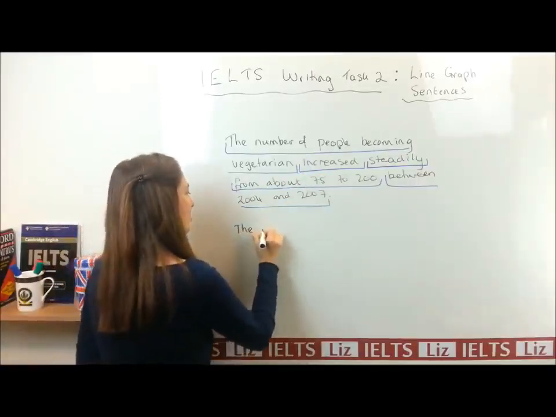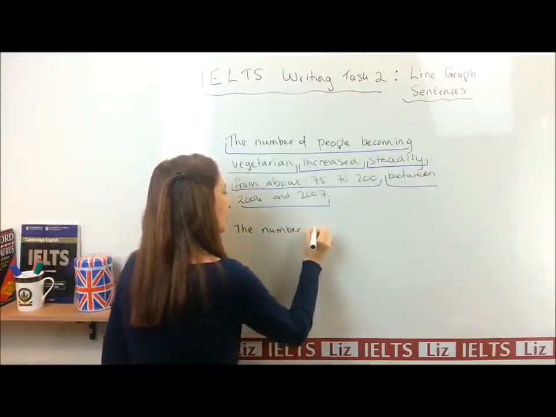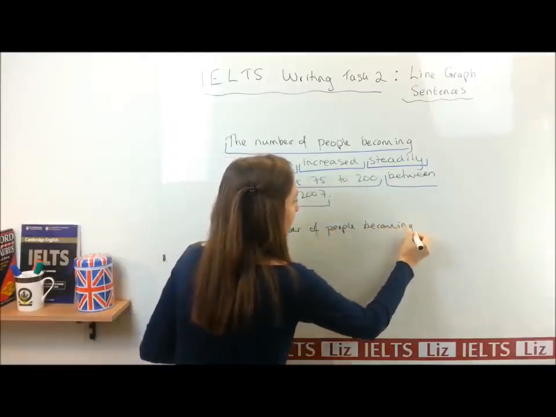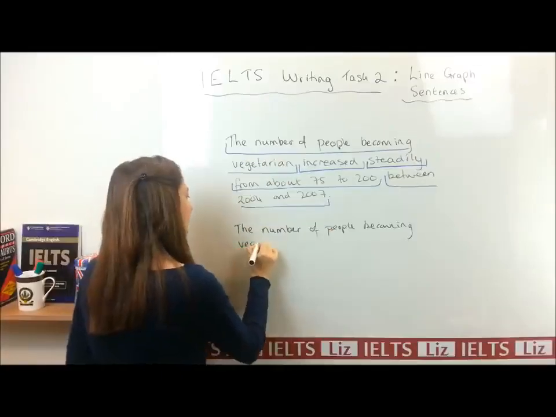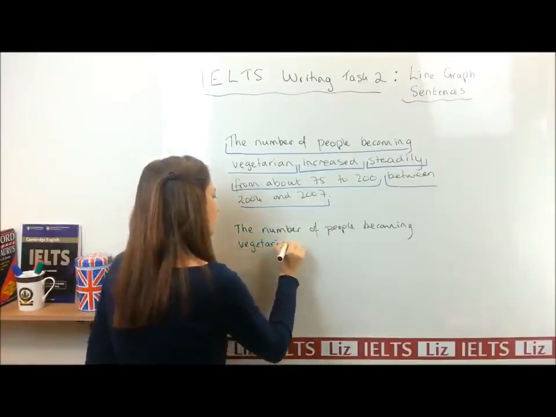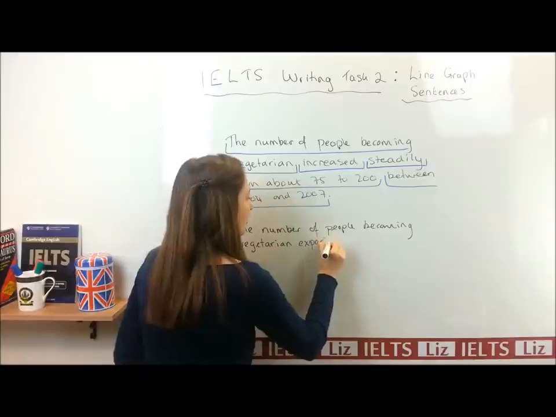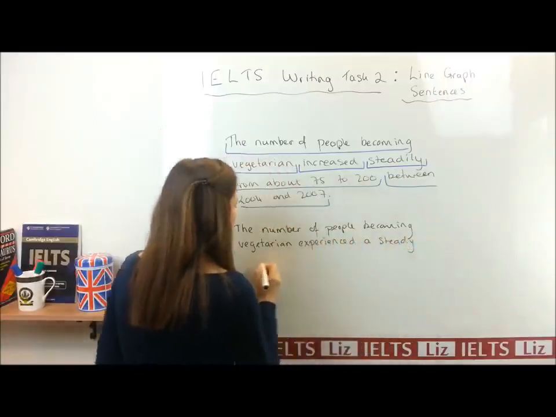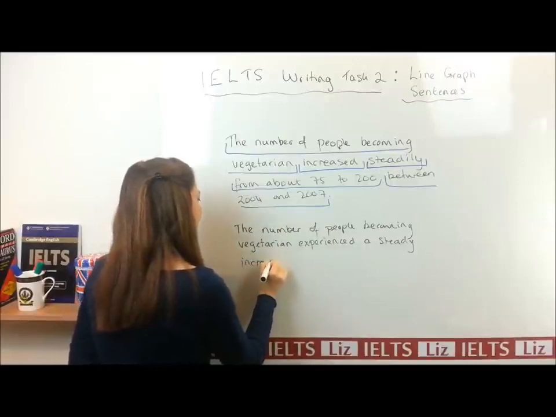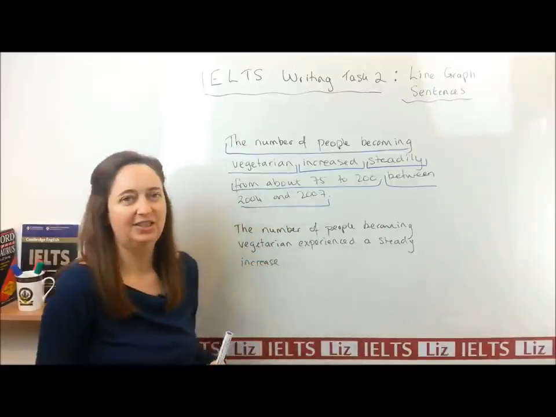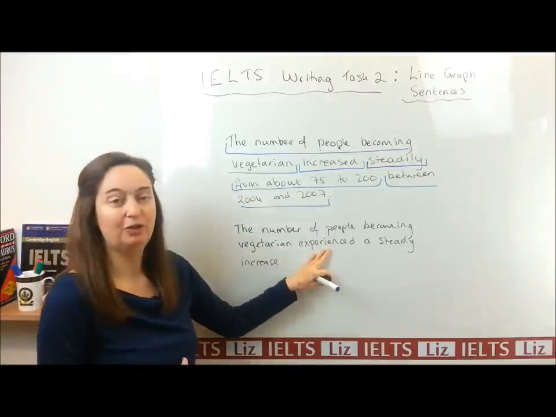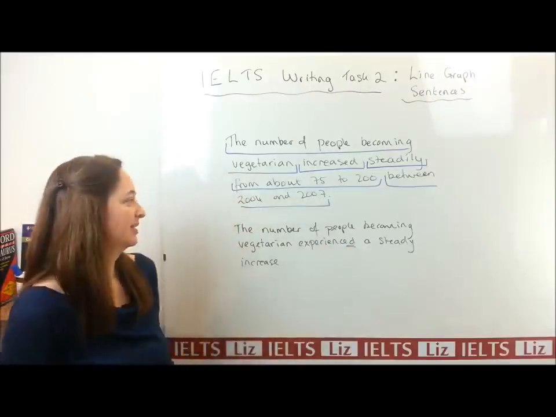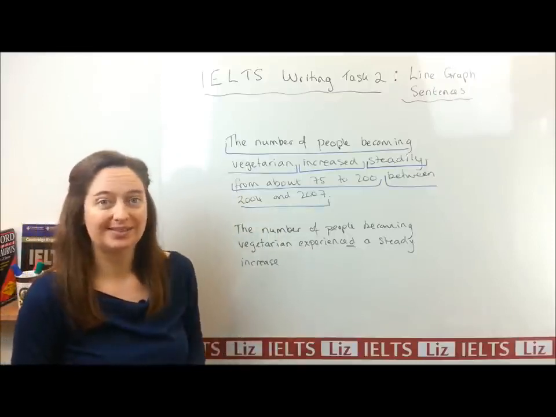So the number of people becoming vegetarian experienced a steady increase. So with this sentence, we've got the verb experienced, the number experienced, the figure experienced. We could also say witnessed.